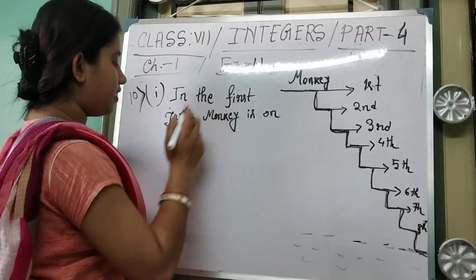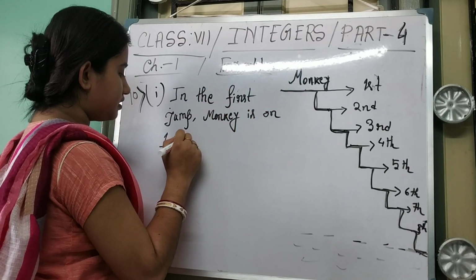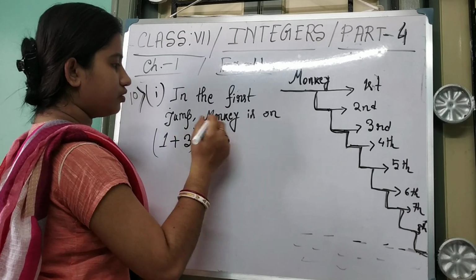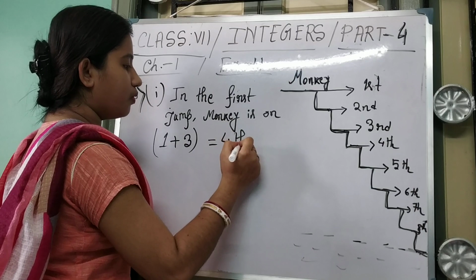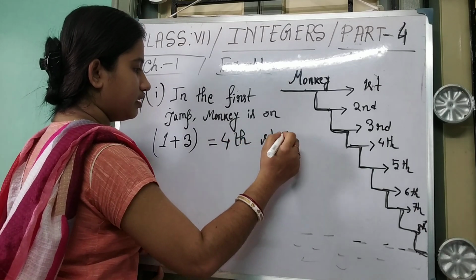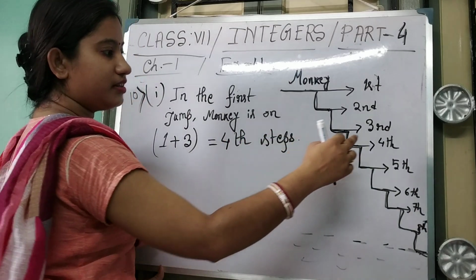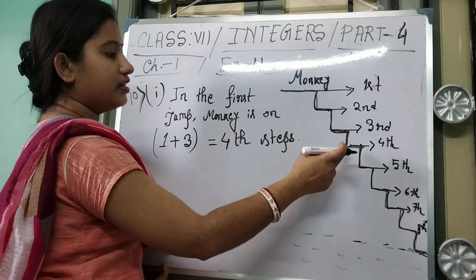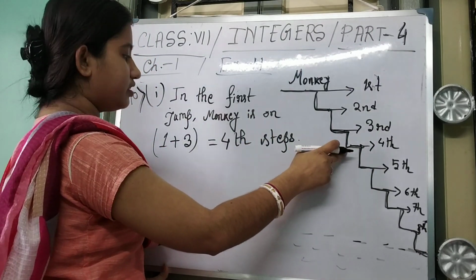So from the first, 1 plus 3 equals 4th. So the monkey is on the 4th step. 4th step means in this position. So after the first jump, the monkey is on this step, the 4th step.